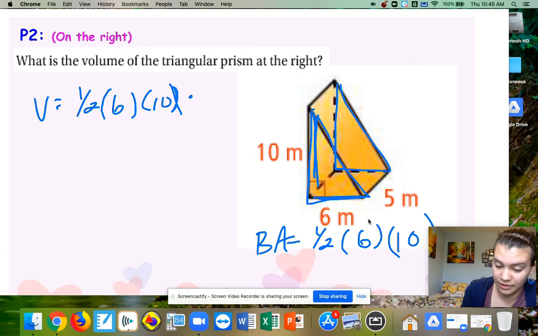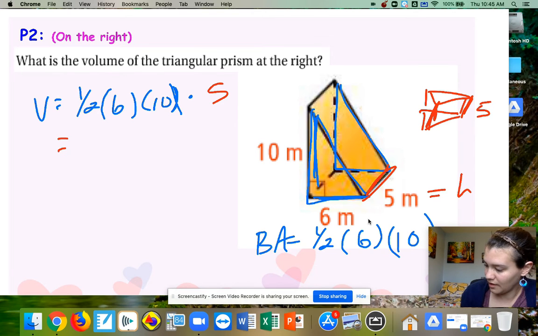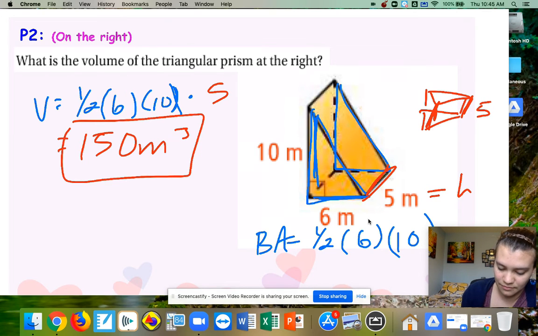So it's a little weird, but the height is going to be the 5 in this case. Technically if we turn this, you'd have a triangle and then up like this, and your height would be right there, which would be 5. So times 5, and you should end up getting 150 meters cubed for that volume.